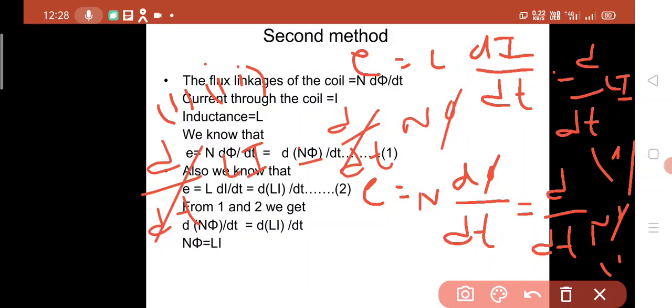So d by dt is cancelled, so Li is equal to N phi.